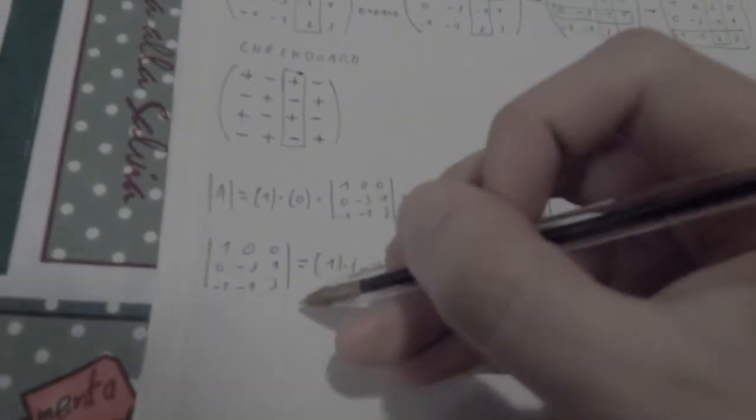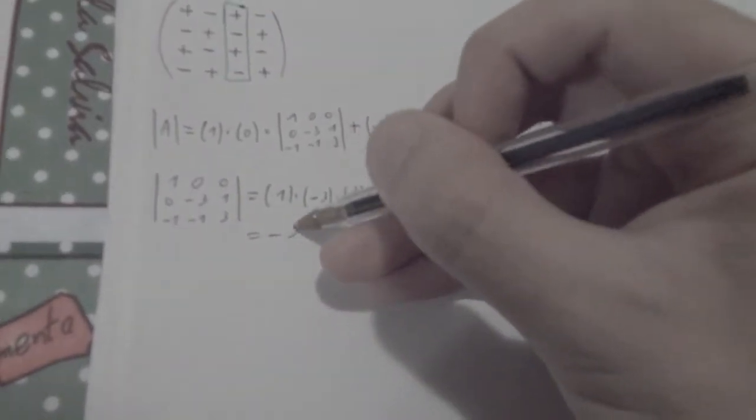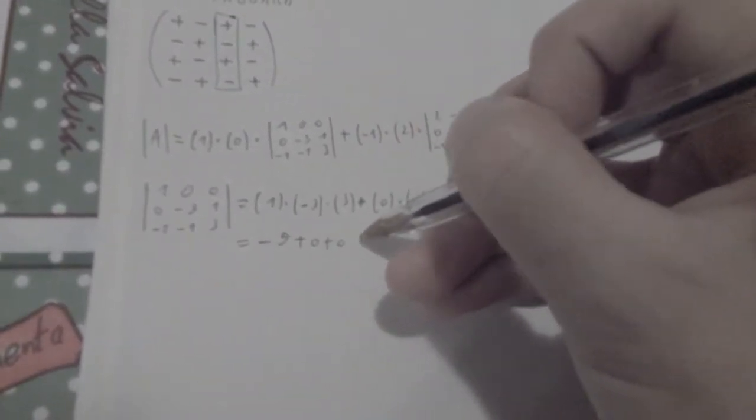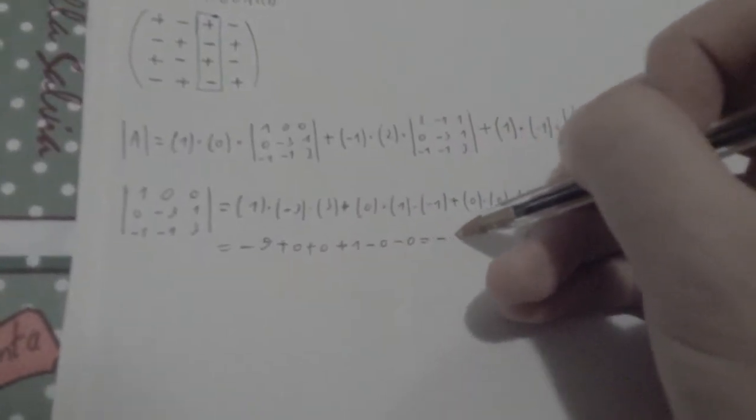And this gives us -9 plus 0 plus 0 plus 1 minus 0 minus 0, which is -8.